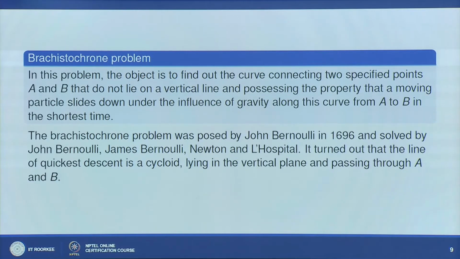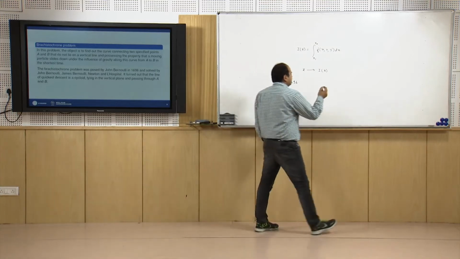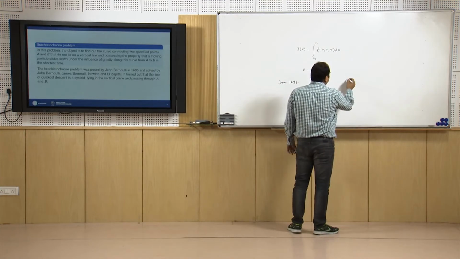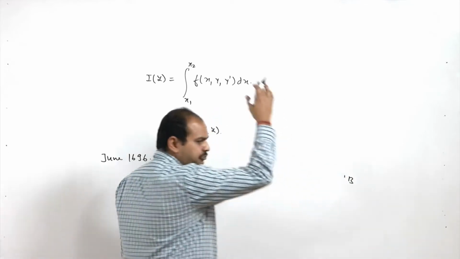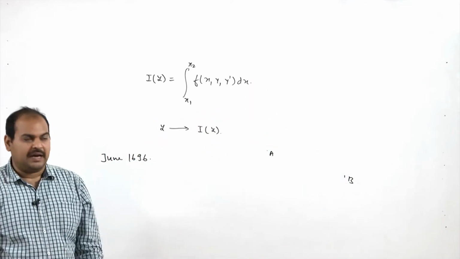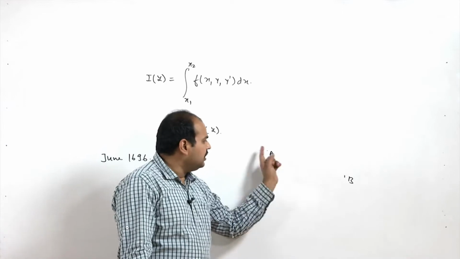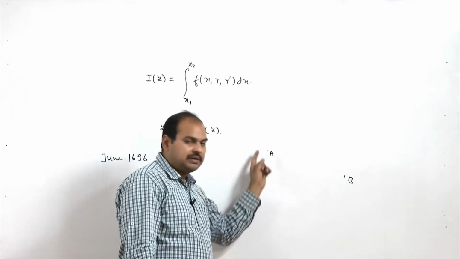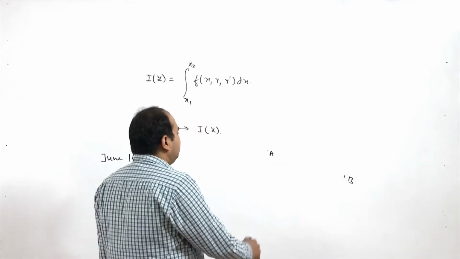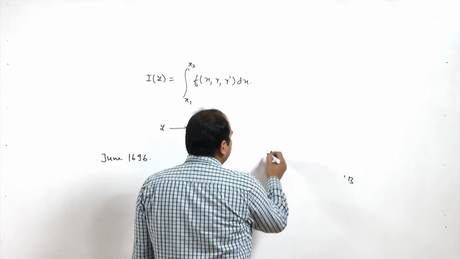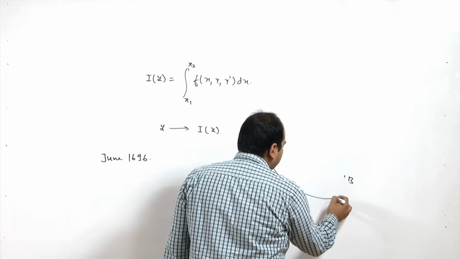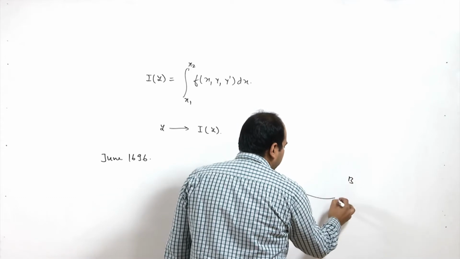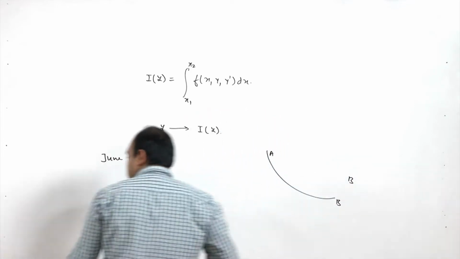Let me give you a small idea here. We have two points A and B, and they lie in a vertical plane, not on a vertical line. They are not at the same level, and we try to find the curve connecting A to B. Let me write B here.